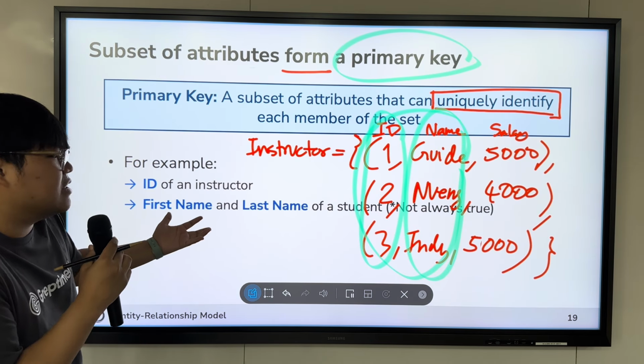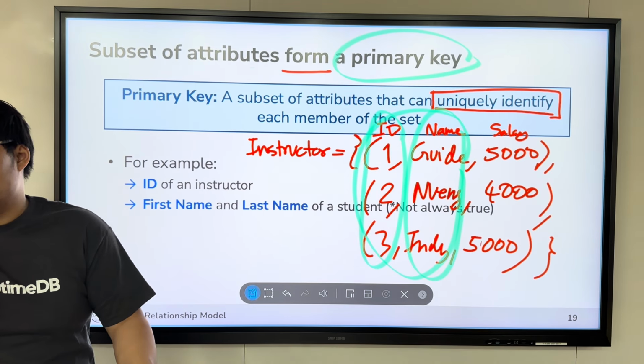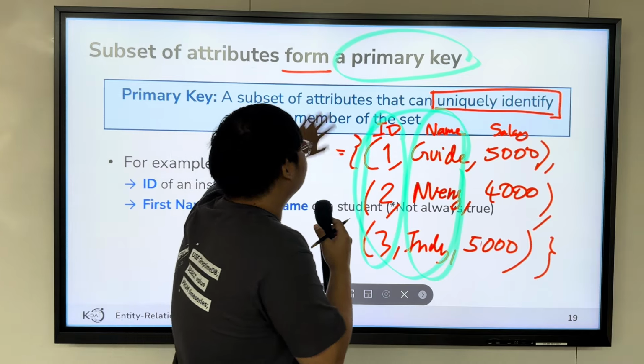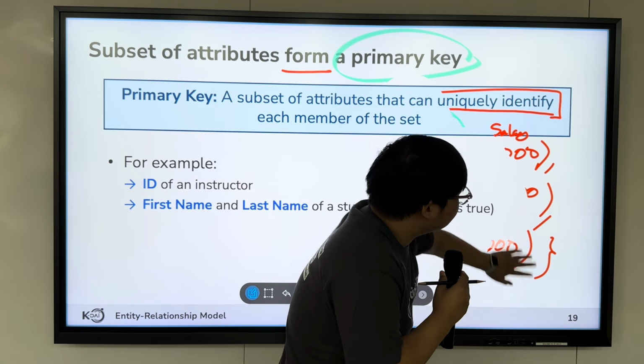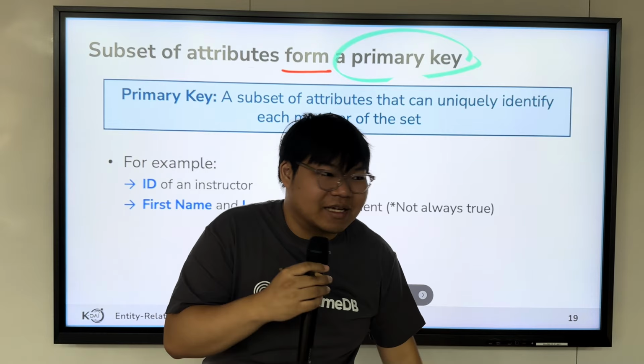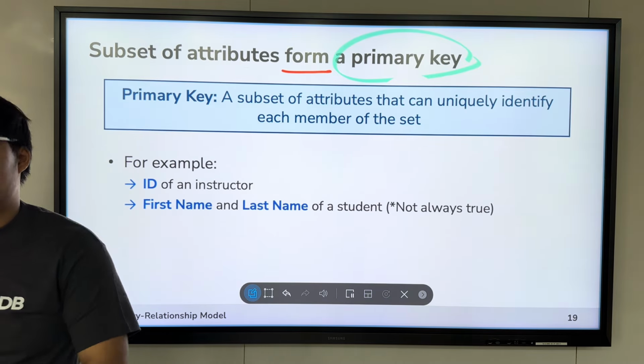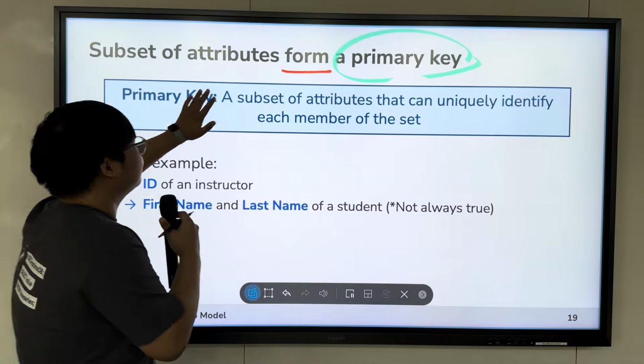But it doesn't always hold, right? You may have someone who has the same first name and last name. That's why typically we just put an ID on each entity set, to make it uniquely identify things.